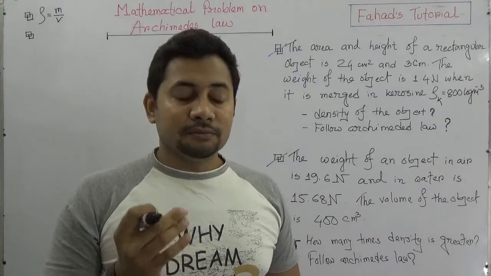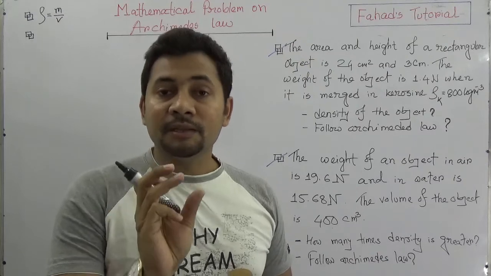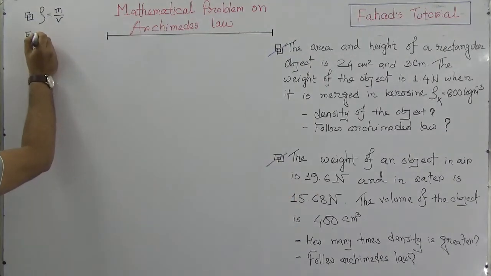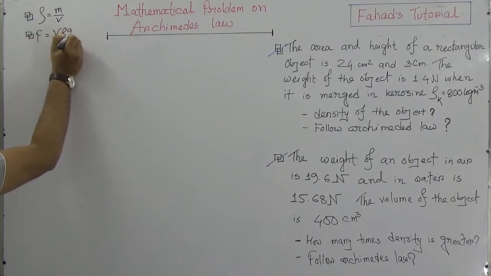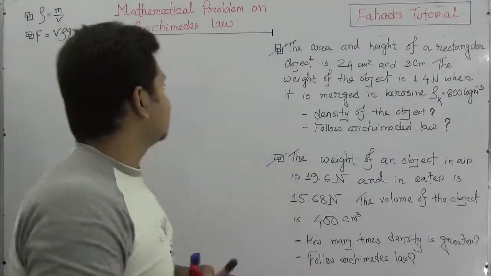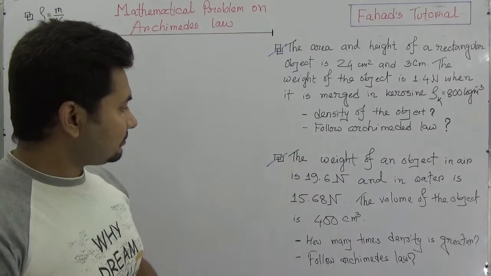When we do mathematical problems regarding buoyancy, the equation is buoyancy equals v rho g. So buoyancy is one type of force F, which is equal to v rho g, and we need to use these things in this type of problem solving question.